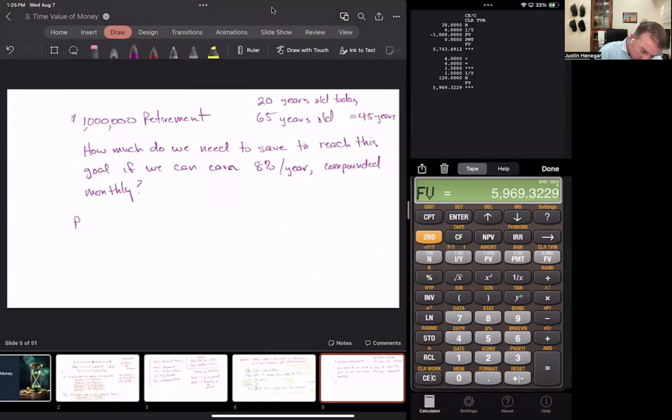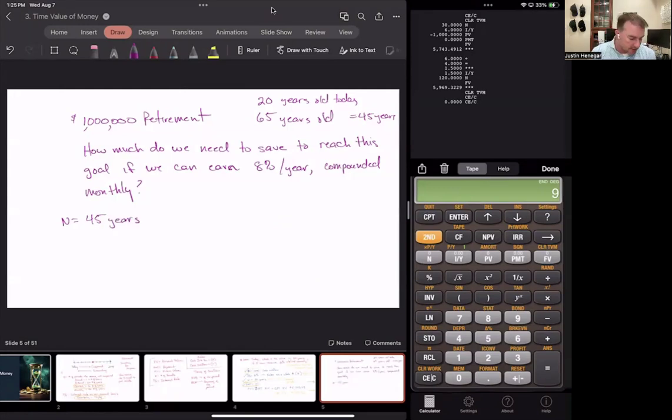So let's figure out what we have. We're going to follow our number line, or our calculator over here. So we'll always start with n, just to go from left to right. First of all, let me clear everything here, just so we don't miss anything. All my numbers should be 0 across the top of my time value of money function buttons, which they are. And how many years do we have? Well, we have 45 years, but we're going to be looking at this on a monthly basis.